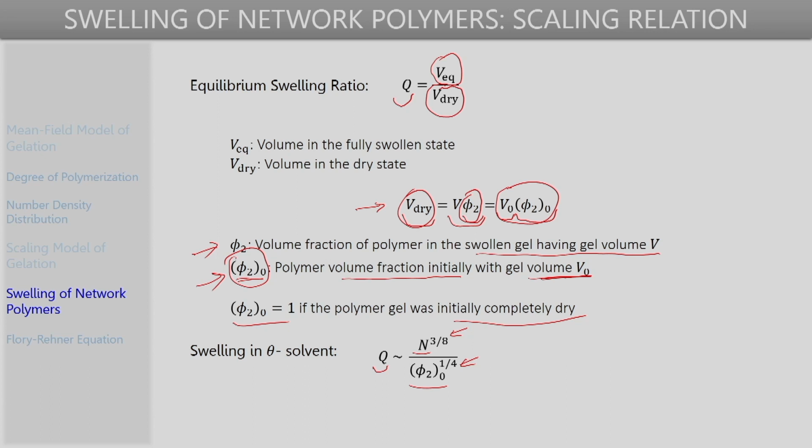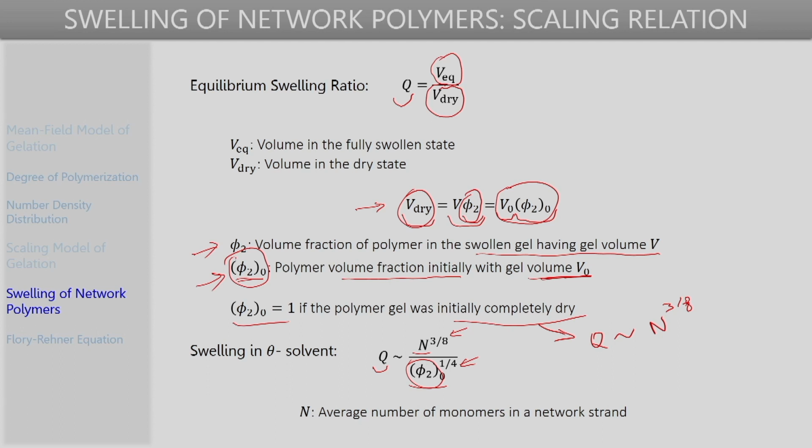If initially the polymer sample is dry, phi 2 naught is just 1. So, for the completely dry case, Q will simply scale as n to the power 3 by 8, and this n is the average number of monomers in a network strand.